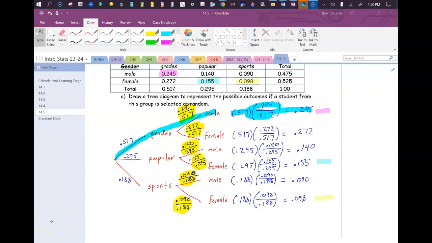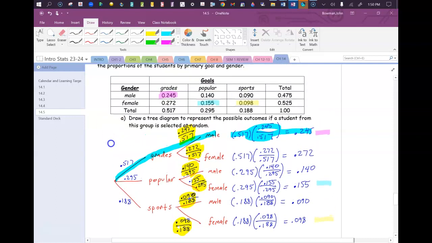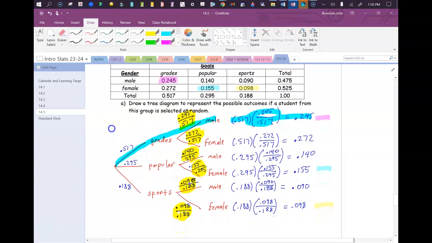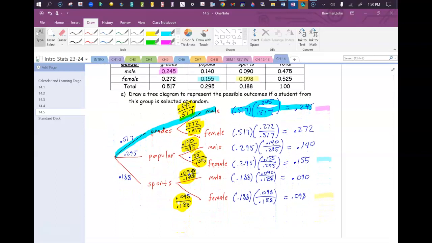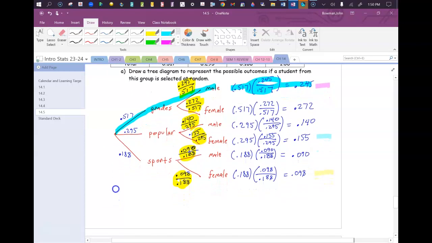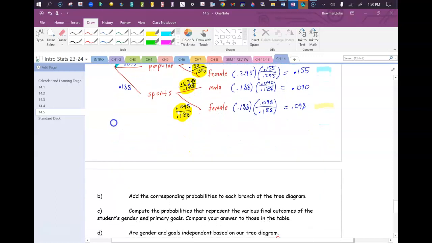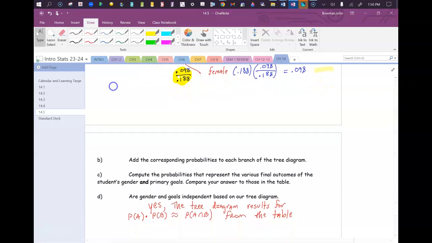So this is the same example that we did on the second day of this chapter, and we already know that the goals and gender are independent of each other, but we can prove that. We can prove that in different ways. So one of the ways that we can do that is we can take a look at the tree diagram and show that the probability of A times B is approximately equal to the probability of A and B. We did it the other way using conditional probability back on the second day.